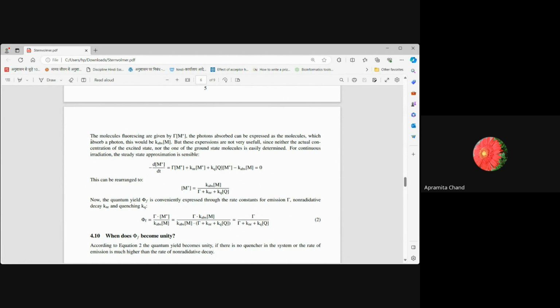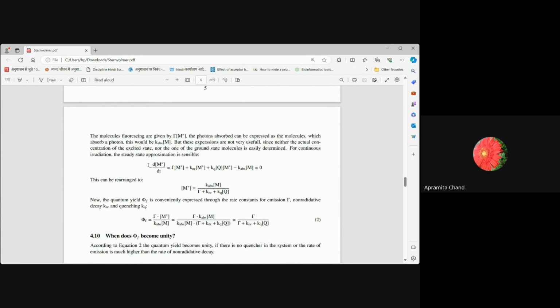Suppose the molecules fluorescing are given by this particular expression, and the photons absorbed can be expressed in terms of the molecules. When these molecules absorb a photon, it can be represented by K absorbed times the concentration of M. Now we can write a steady state approximation for continuous irradiation.